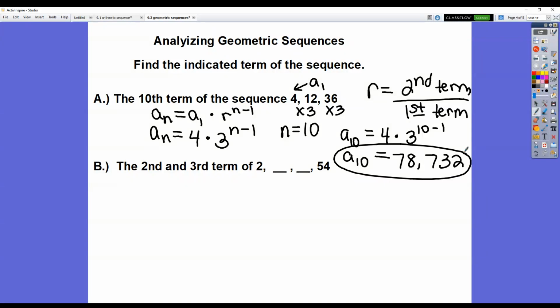Okay, this is the most challenging one. We're going to use this for problems 12 through 13. Okay, so identify what we know. We're going to use the explicit formula.